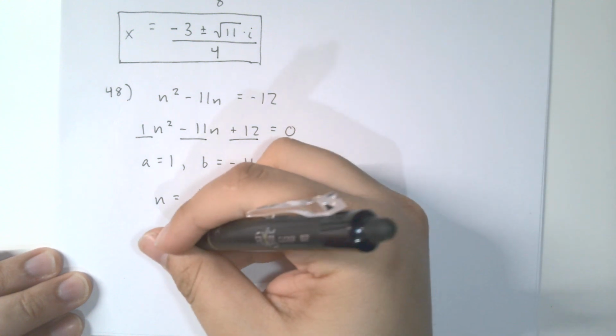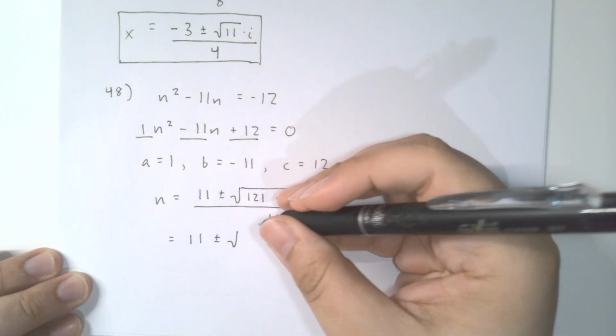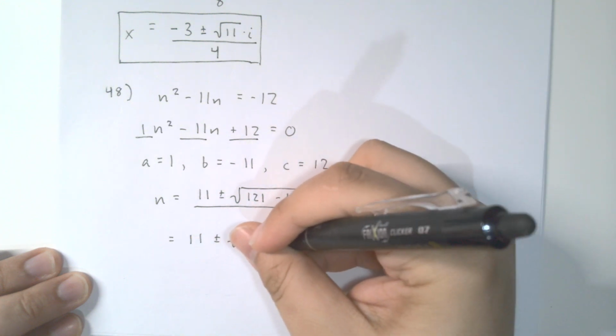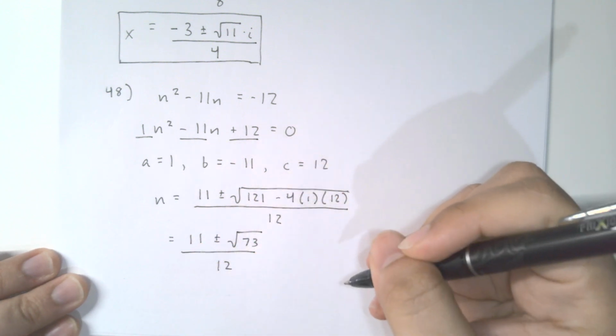Evaluating our discriminant, we're going to have our 11 plus or minus square root, and the discriminant comes out to 73. Put that into our calculator, all over 12.